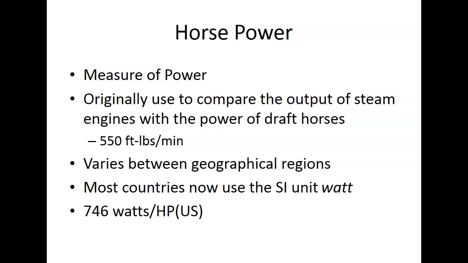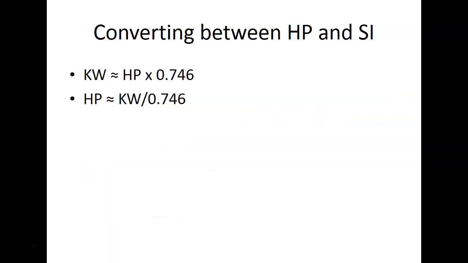It's the international standard unit of kilowatts. Roughly 0.746 kilowatts per horsepower. This works out real well when you're trying to calculate your overloads and all that kind of stuff. So kilowatts equals horsepower times 0.746, and what we've done is combined a lot of math, right?